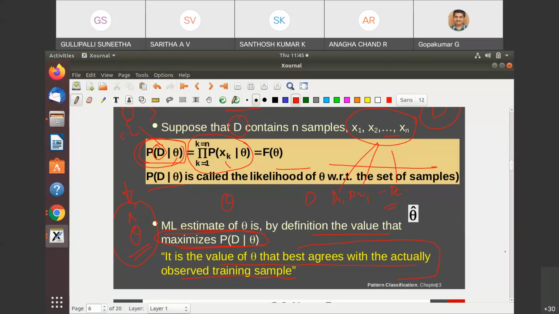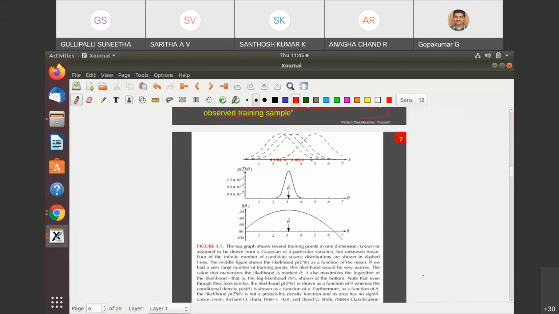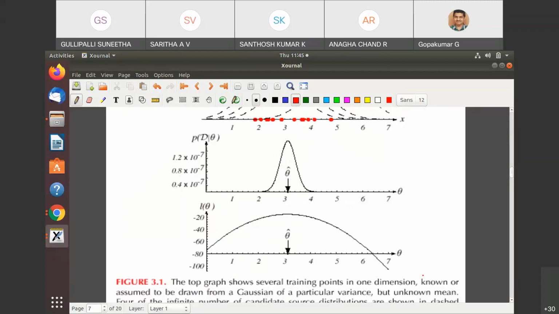This is an example from our textbook. Suppose we have a set of one-dimensional training data.